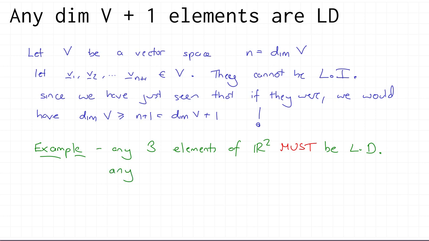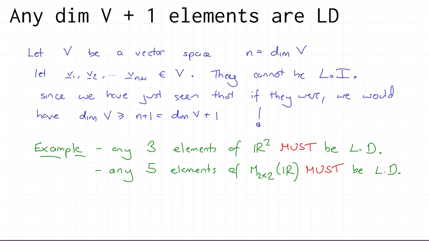So any 3 elements of R squared, any 5 elements of the vector space of 2x2 matrices must be linearly dependent. And again, the reason is that you know that vector space has dimension 4.